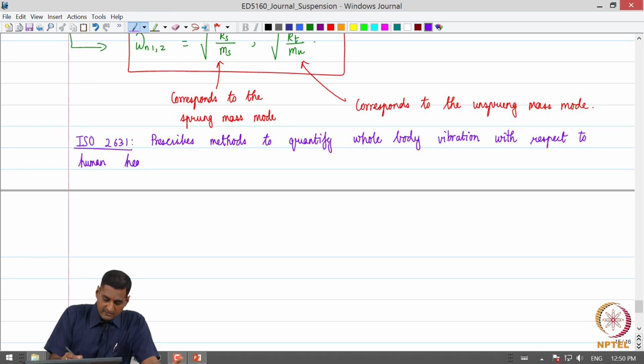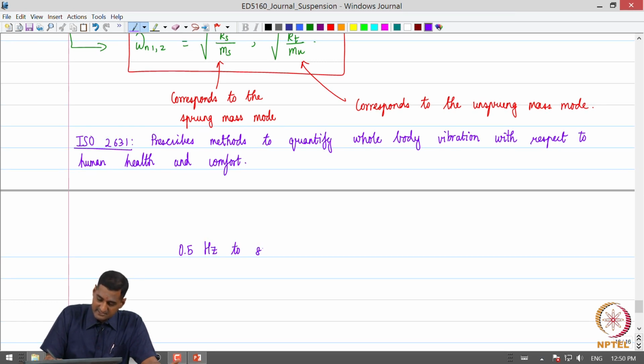Okay. So, typically it is agreed upon that when we are looking at vibration levels between 0.5 hertz to 80 hertz, we are interested in this range for analyzing human health and comfort. Okay.